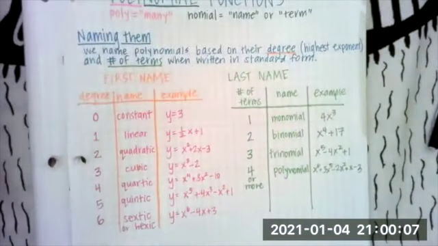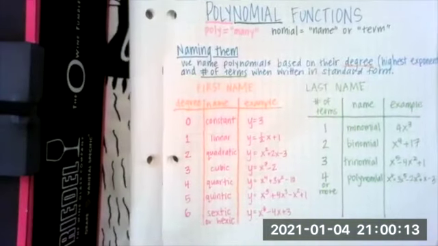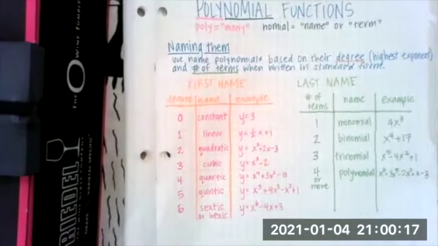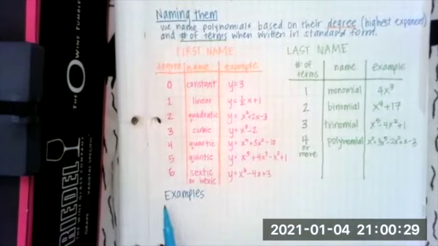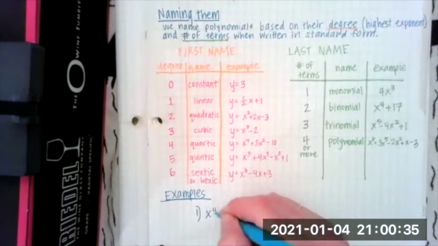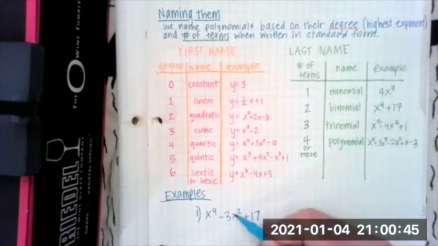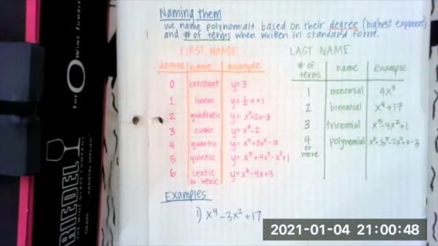So let's look at a few examples. I'm going to write 3 polynomials down, and you can pause the video if you want and name them. Give them a first name and a last name based on their degree and their number of terms. Okay, example 1, x to the 4th minus 3x squared plus 17. Figure out what is the highest exponent, what degree is it, that's its first name.